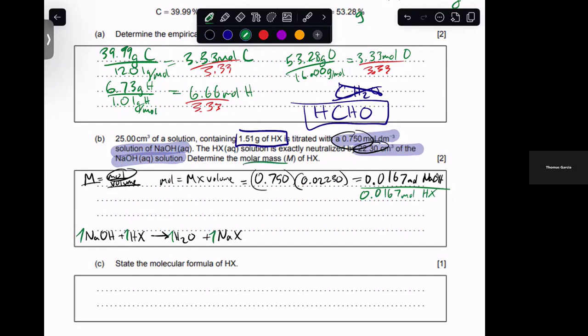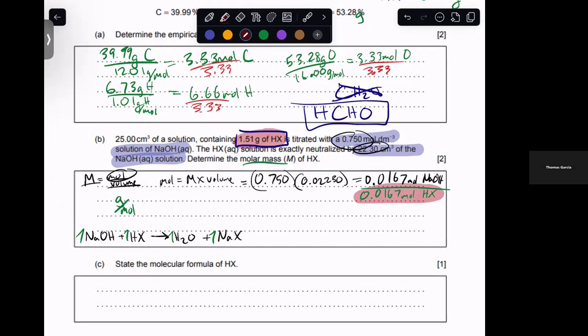I want the molar mass, which from our first question on this entire test, we noted is grams per mole. Luckily, I have a gram value right here. I have found a mole value, and I can just divide them. 1.51 grams divided by 0.0167 mole will give me 90.42 grams per mole.